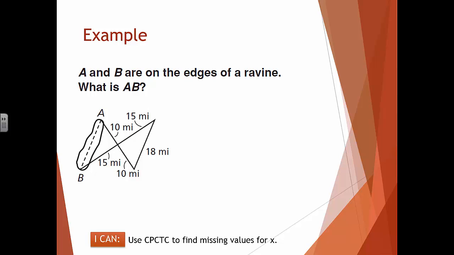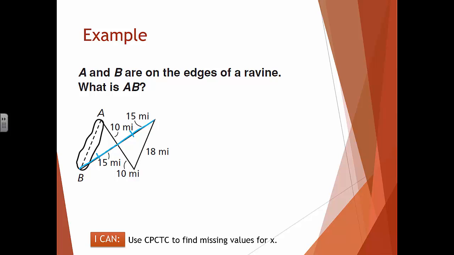All right, so for this example, we know that A and B are on the edges of a ravine, and we need to find the length of AB. If I can first show that the triangles are congruent, then I could use that to find the length of AB along the edge of this ravine. I believe it's telling us that this length right here is 15, and we also know that this length right here is 15.